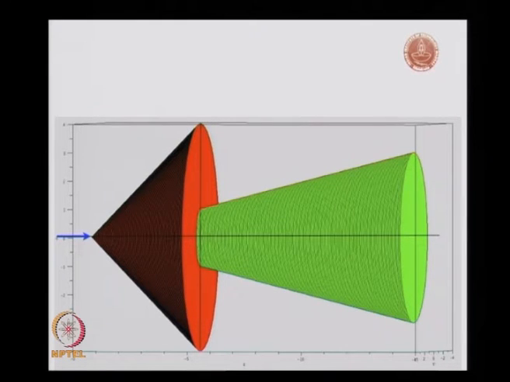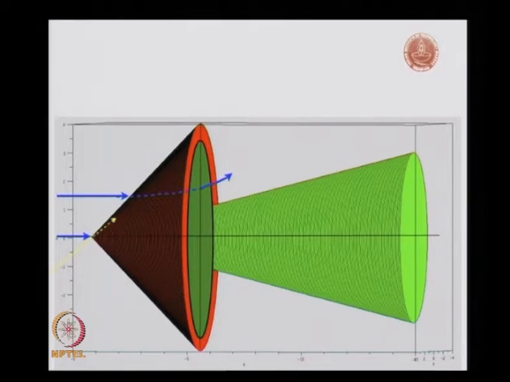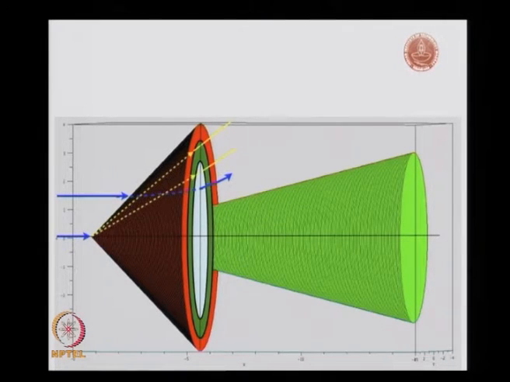So, if I just remind you here, you have streamlines like this, and these are the streamlines on the surface of the cone.